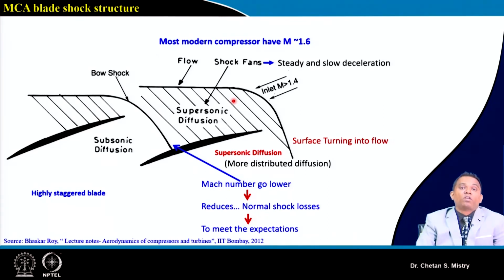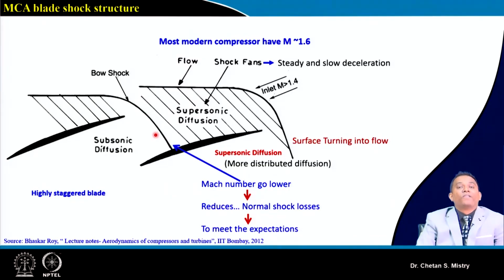In line with what we have discussed, we will have formation of shock, one leg moving away from our blade, and the second leg striking on the next coming blade.